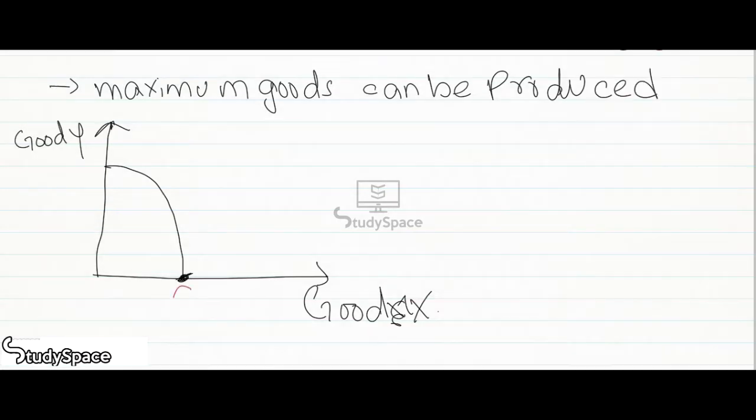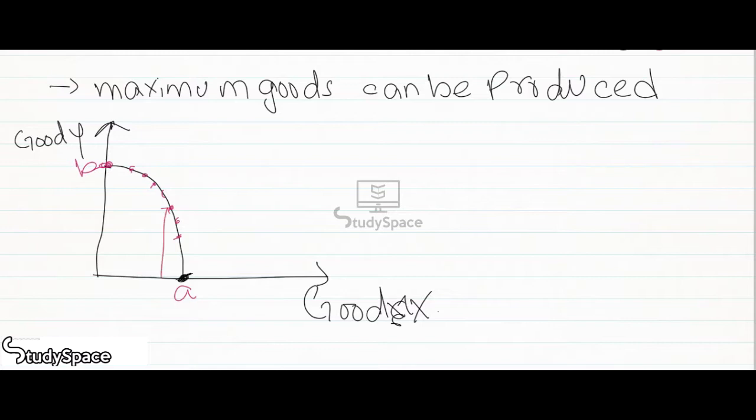This point A is the total amount of good X if I put all my resources in the production of good X. And this point B is the maximum amount of good Y that can be produced if I use all my resources in the production of good Y. All the points on this graph are the possible combinations that can be produced.